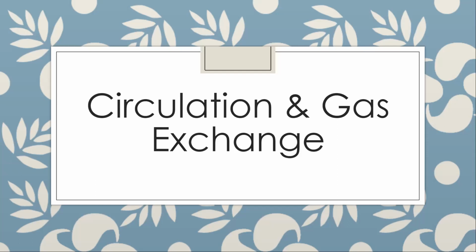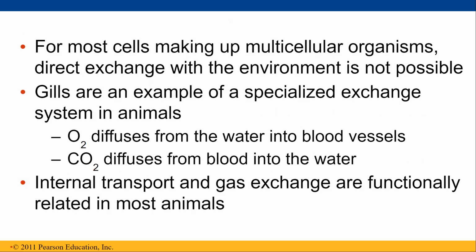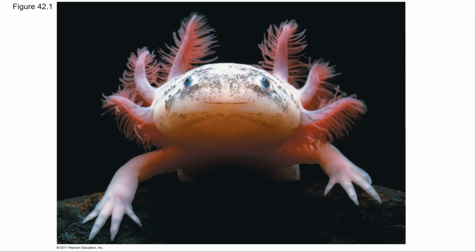Another example of surface area to volume ratio is looking at circulation and gas exchange. So the circulatory system, we can see the surface area to volume ratio as well. With the circulatory system, we're looking at the diffusion of oxygen and carbon dioxide across the cell membrane.